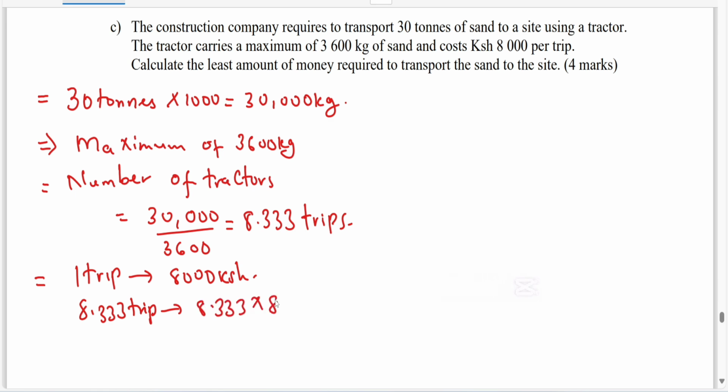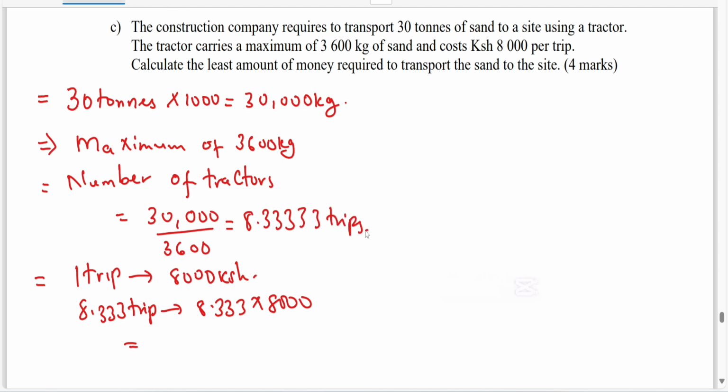So 8.3333 times 8,000 shillings, it gives you how much? 8.333 times 8,000 shillings na itakupa 66,664. So if I'm correct, I'm at 8.3333 times 8,000. Okay, instead of writing 8.33, unaona margin yake ni kubwa, so let's write as many 3's.